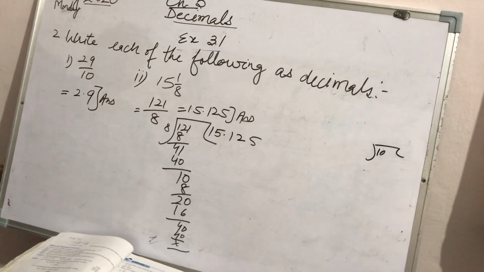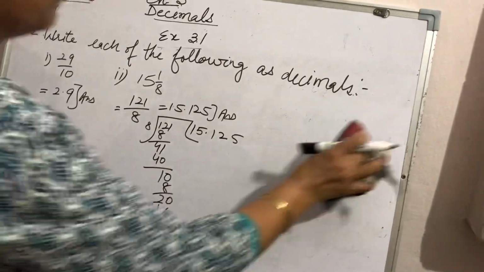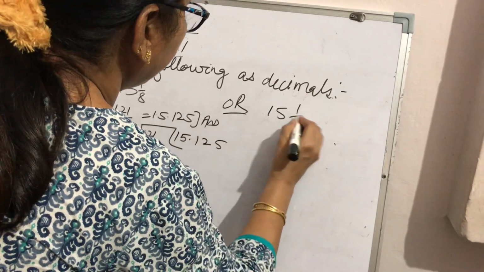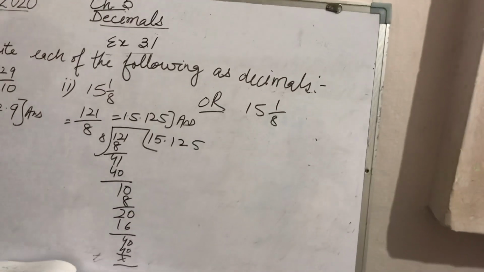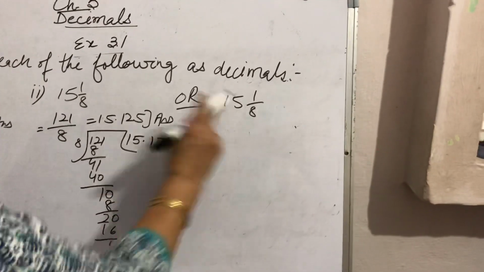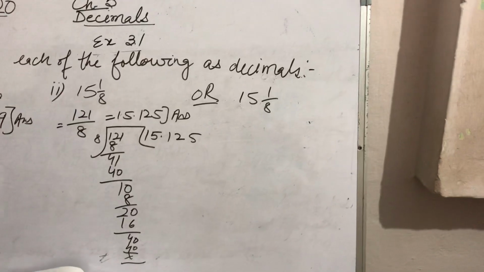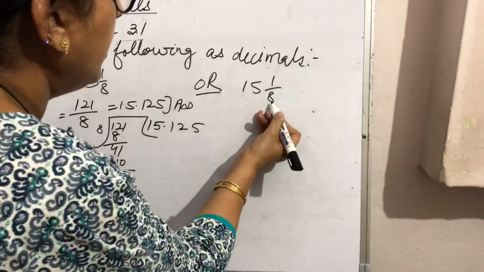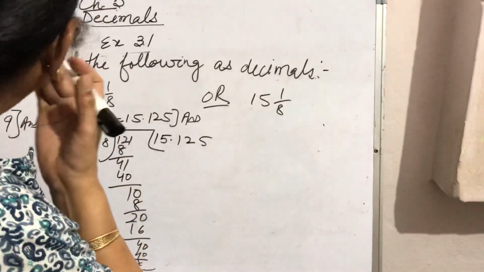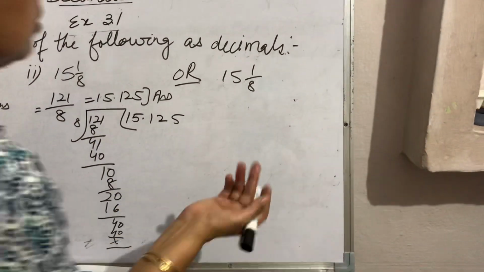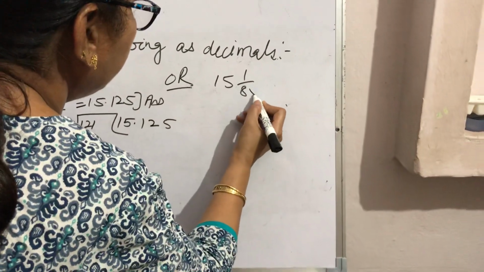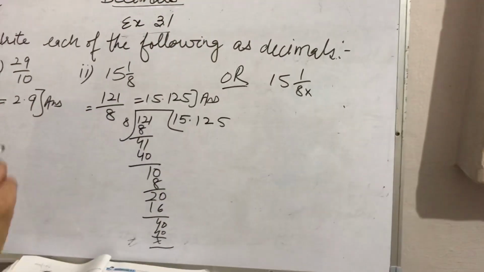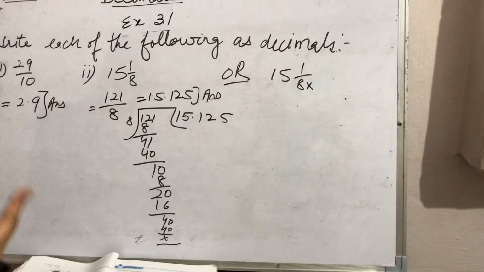In the second method, we can use 15 whole 1 by 8 in this way. If we have denominator 10, 100, 1000, then we can write the decimal easily. So to make the denominator 10, 100 or 1000, we multiply the denominator with a number so that the product will be 10, 100 or 1000.